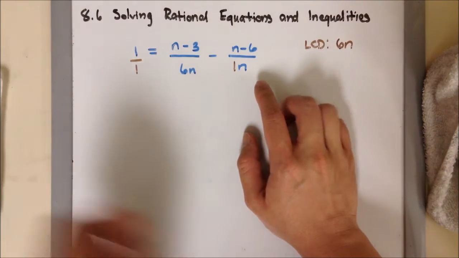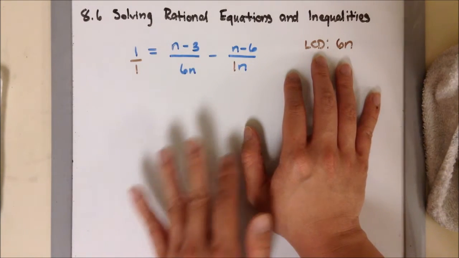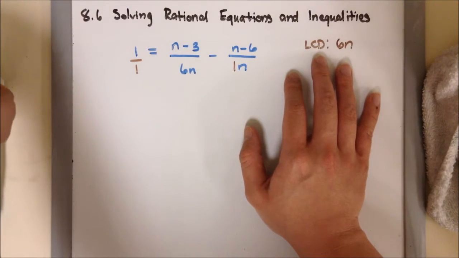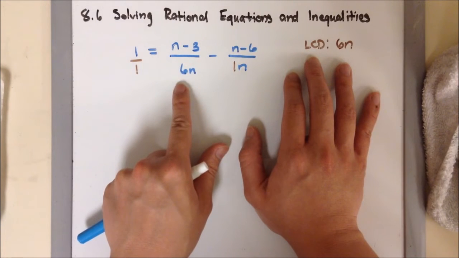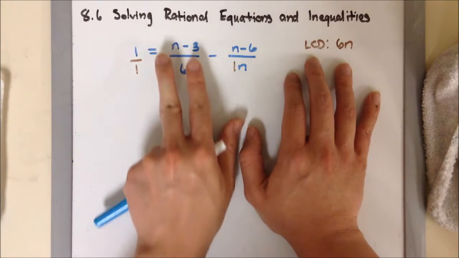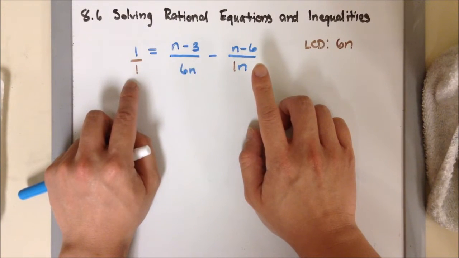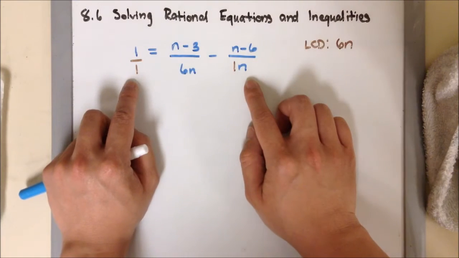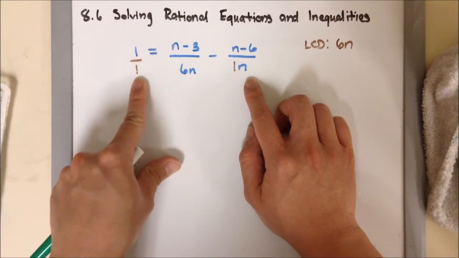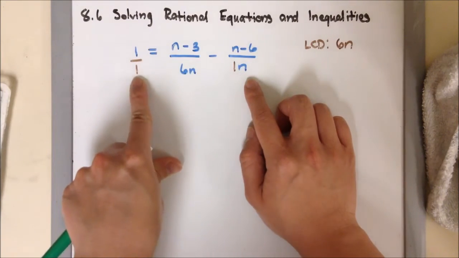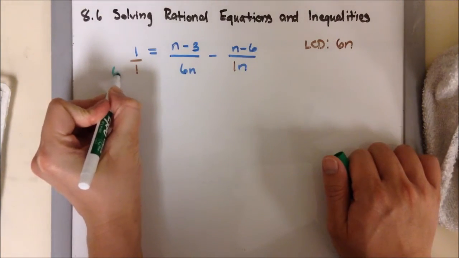After you finish formulating your LCD, now it's just making sure all fractions have the same common denominator. If the LCD is 6n, my middle fraction already has 6n, so I'm not going to mess with it. I'm going to worry about the fraction on the left and the one on the right. For the one on the left, it's 1, and in order to change 1 into 6n, we're going to multiply by 6n.